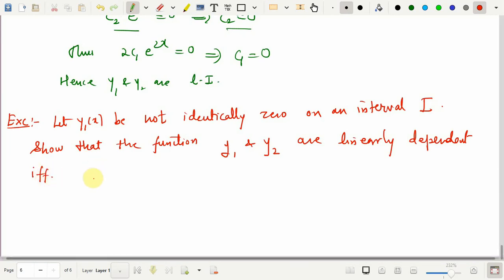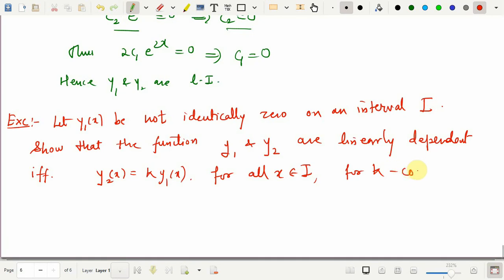So if and only if y2 of x can be written as k into y1 of x, for all x in I, and for k being constant. So I would leave this as an exercise. You would try this, and assuming that this is true, we can proceed further, because this is a very useful result in vector space, or in linear algebra. So we have the first theorem with the proof of this chapter.